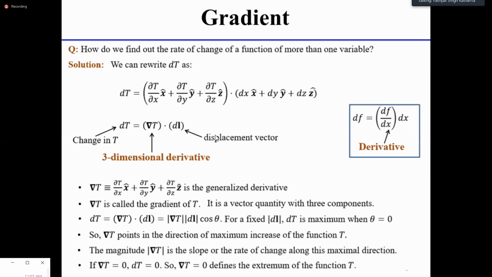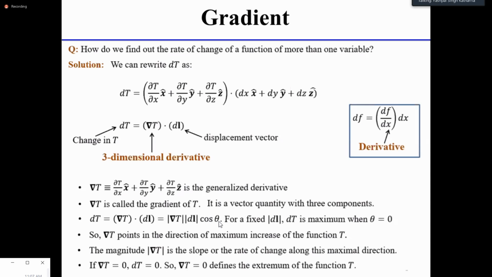To give the gradient an interpretation, I wrote dt as del t dot dl, which can also be written as magnitude of del t, magnitude of dl, into cosine theta.